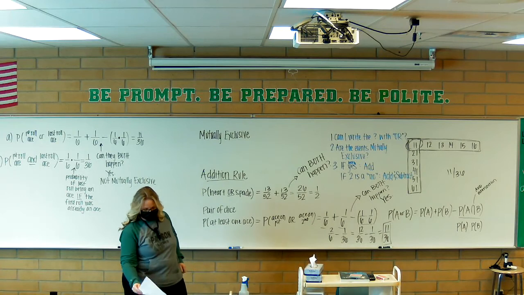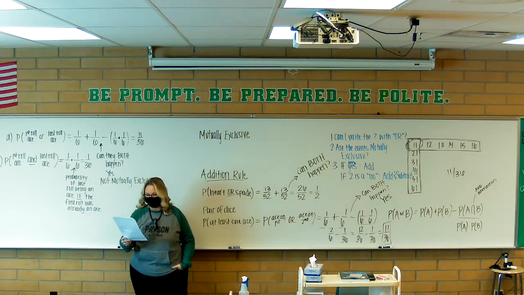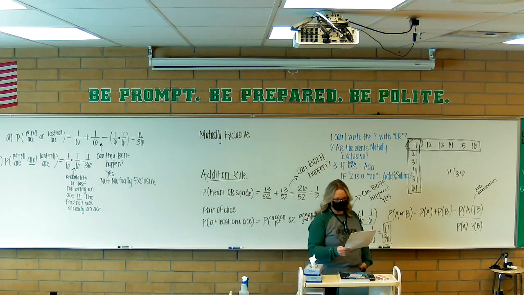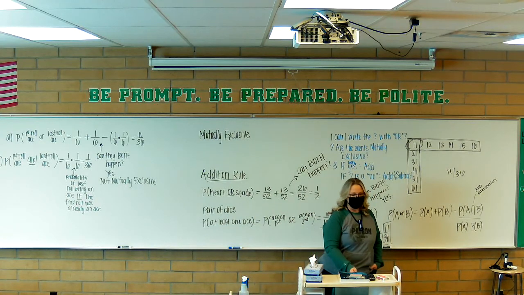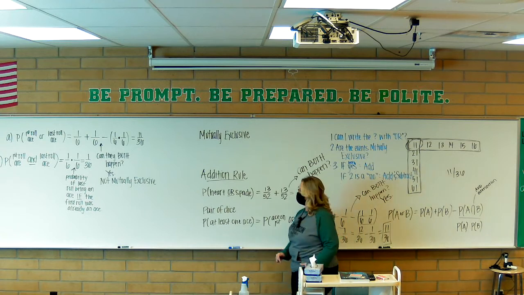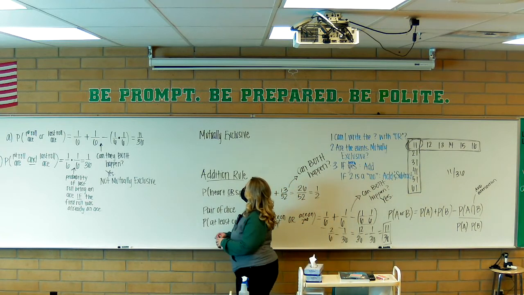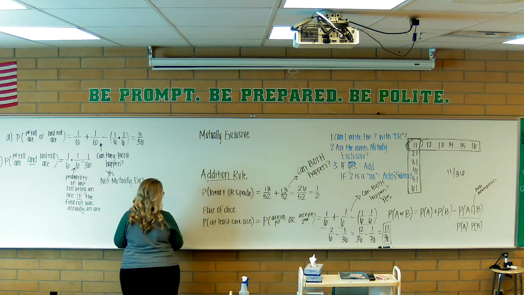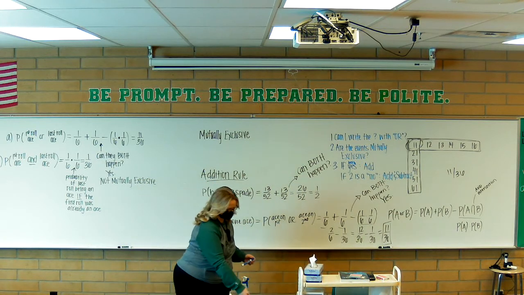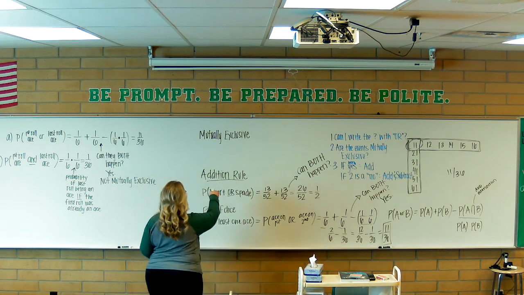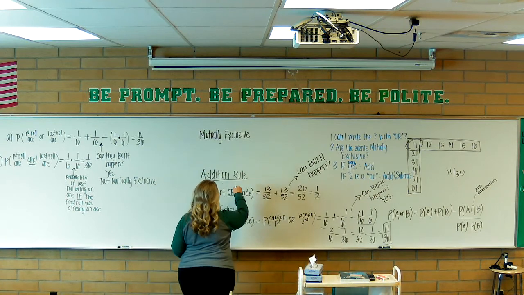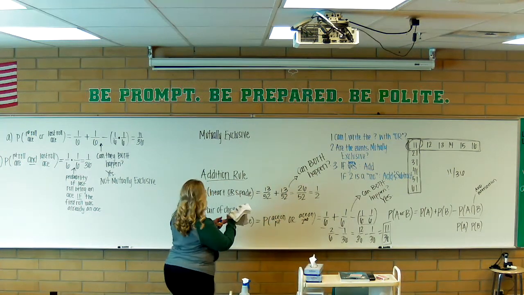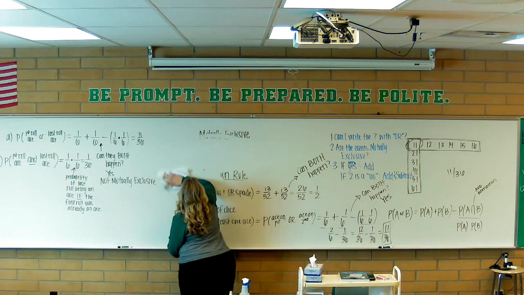Okay. Part C. Calculate the chance that the top card is the ace of spades or the bottom card is the ace of spades. So the probability that the top card is the ace of spades. How many ace of spades are there in the deck? 1. And how many cards are there total in the deck?